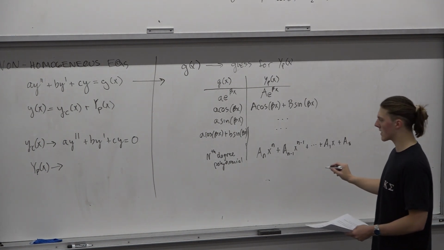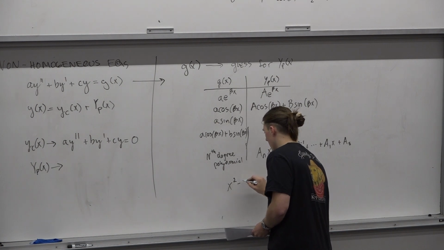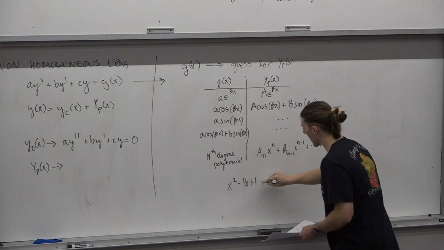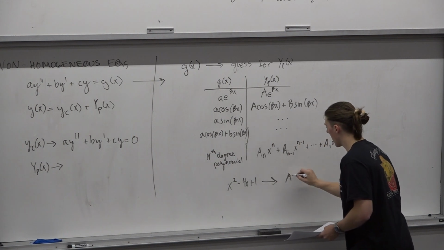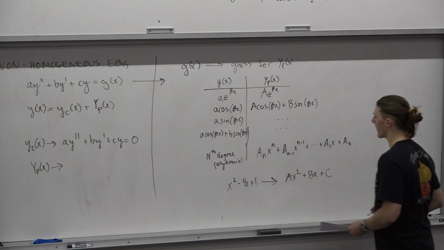But what this really means is if we just have an equation that's just x squared minus 4x plus 1, our guess is in the form of a x squared plus bx plus c.